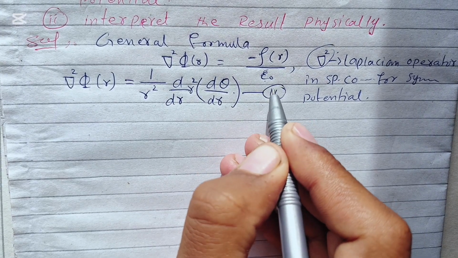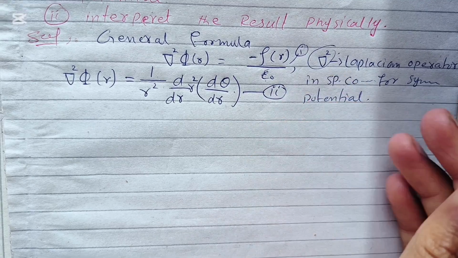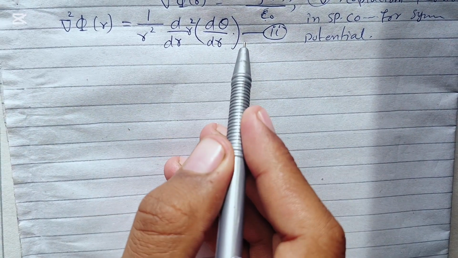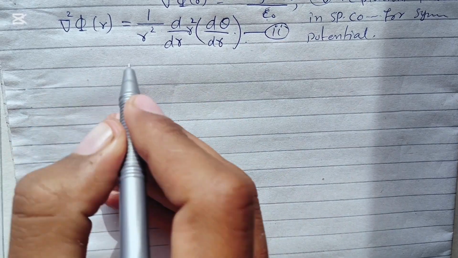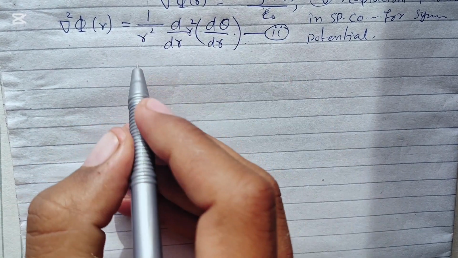This is equation number 2, and this is equation 1. We will rewrite equation 1, which is called Poisson's equation.